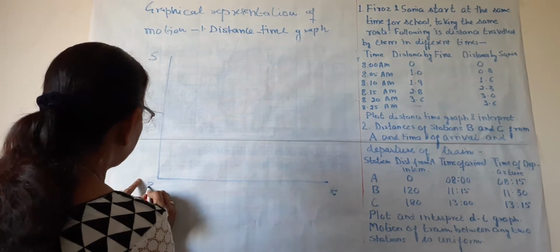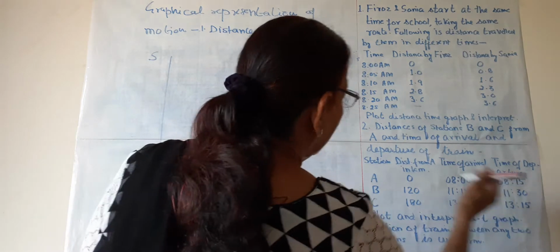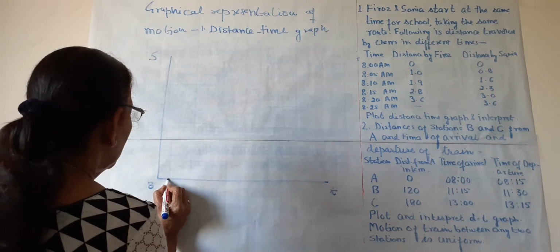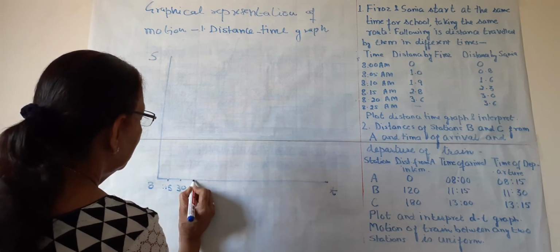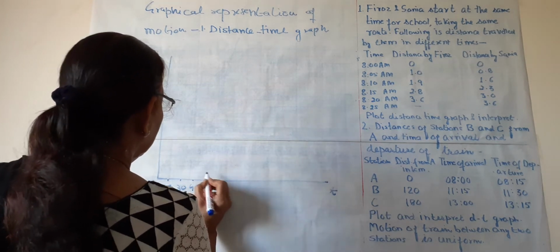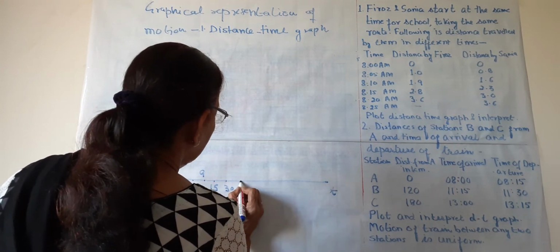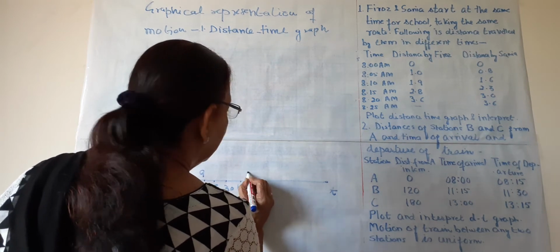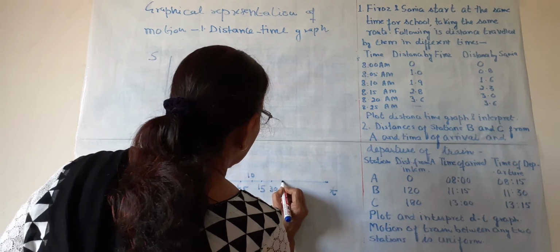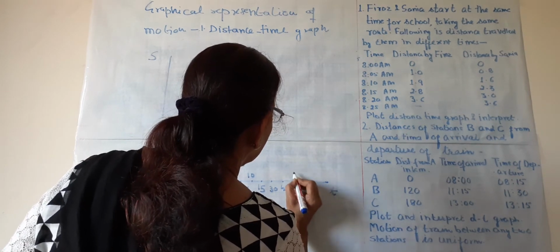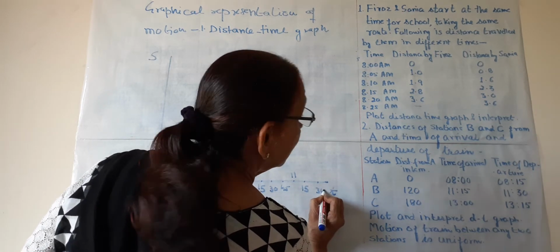Here it is 8 o'clock. Then 8:15. So small, we will write here 8:15, 8:30, 8:45, then 9, then 9:15, 9:30, 9:45, then 10, then 10:15, 10:30, 10:45, then 11, then 11:15, 11:30.